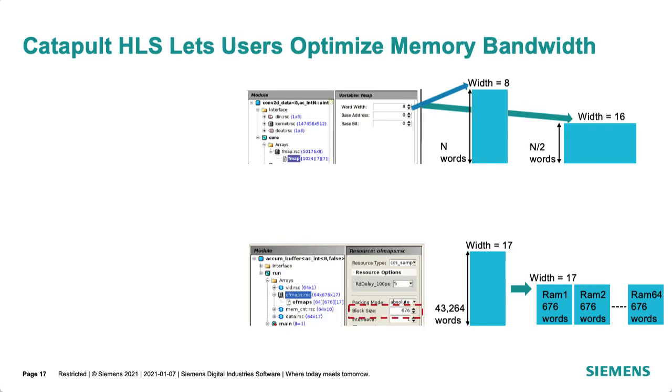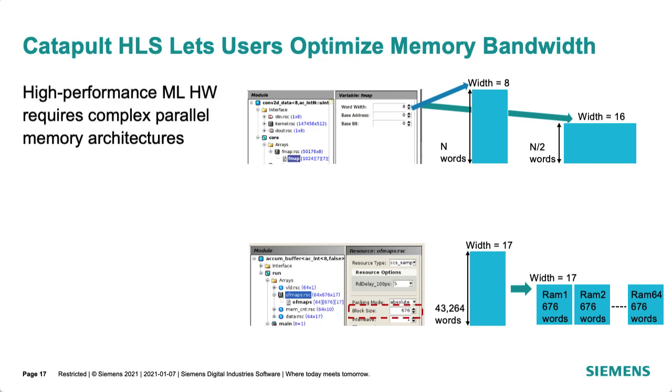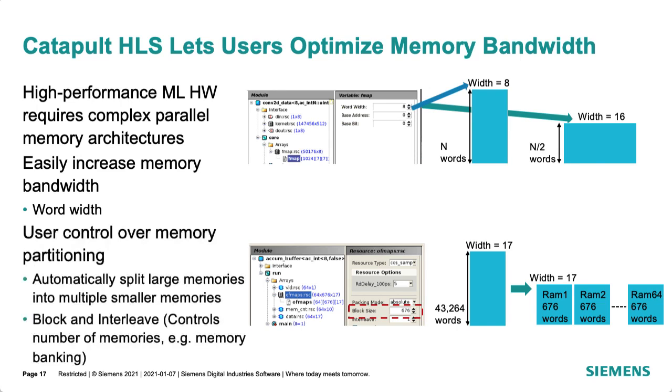Catapult HLS also lets users optimize the memory bandwidth using design constraints. High-performance machine learning hardware often requires complex parallel memory architectures. Designers can easily increase memory bandwidth by making a memory wider, allowing multiple data to be read or written in parallel.